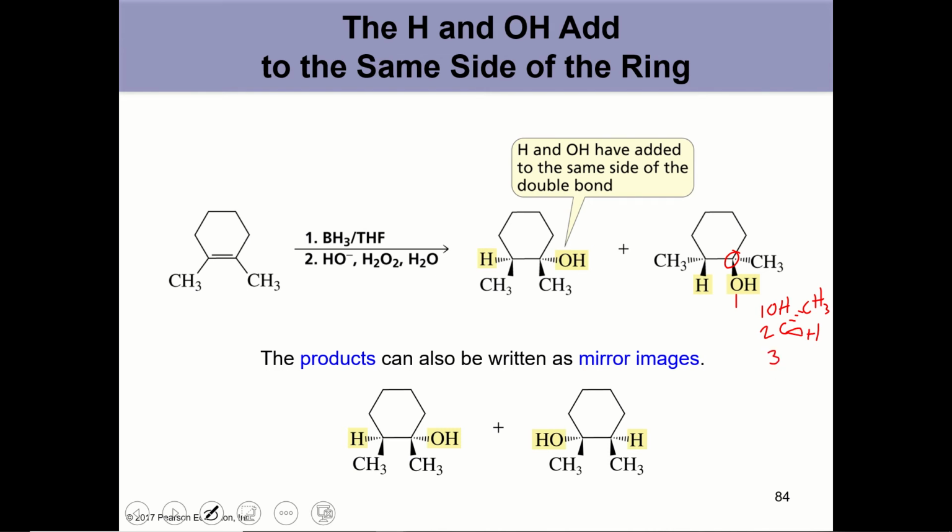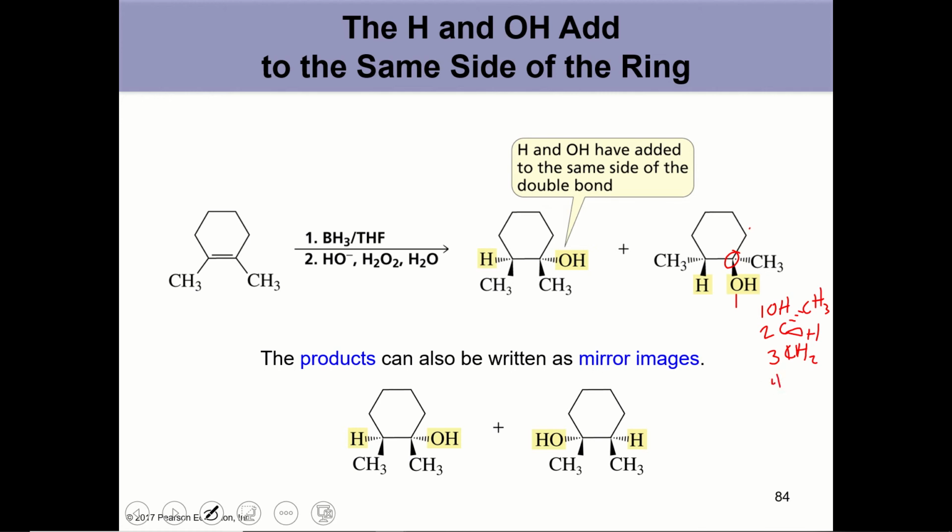Then 3 is the CH2 counterclockwise from the stereocenter circled, the first CH2 group counterclockwise from that direction.